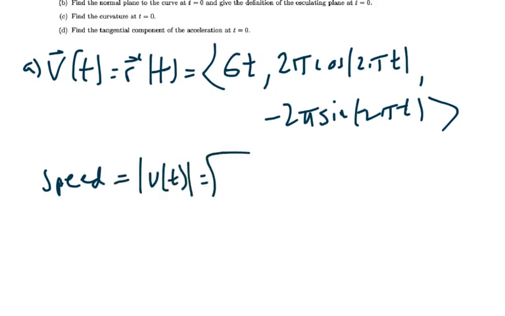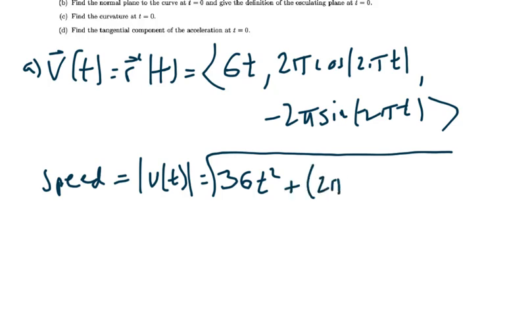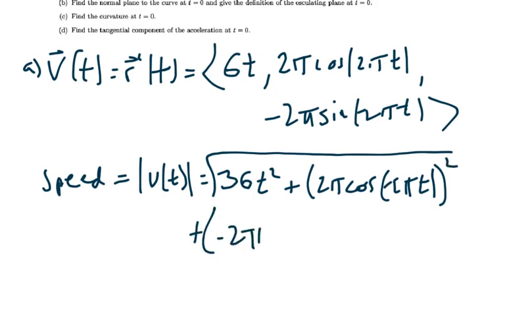So this is the square root of 36t squared plus 2 pi cosine 2 pi t all squared plus minus 2 pi sine of 2 pi t squared.